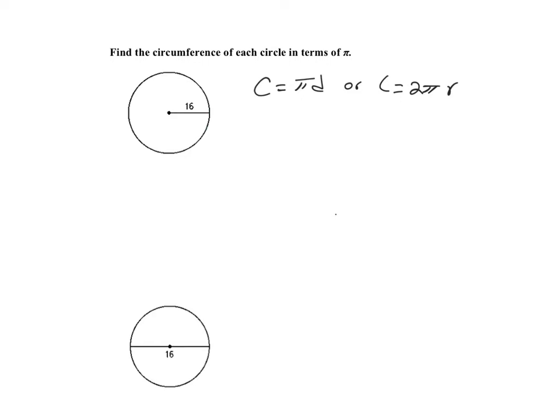So I'm using this second formula: 2 pi times 16 equals 32 pi units, because we don't know specifically what unit it is measured with. On the next one, I have the diameter because I have that whole segment that goes from one point to the other in the circle and passes through the center of the circle. So my circumference is pi times 16, so this is 16 pi.